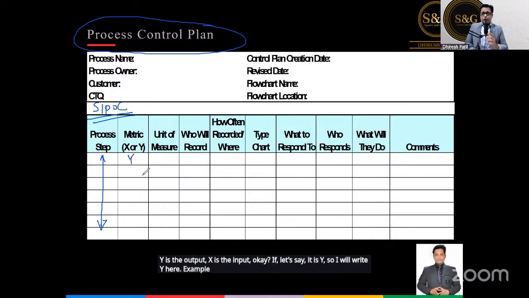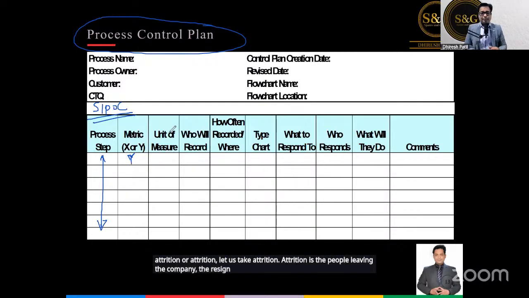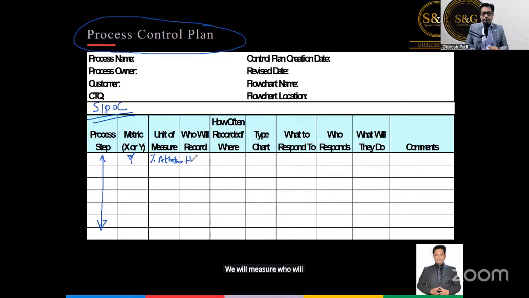Example, let's say my project is attrition. Attrition is the people resigning and leaving the company. So the unit of measure is percentage attrition. We will measure. Who will record? The HR executive will record the attrition. How often? Let's say monthly, every month.